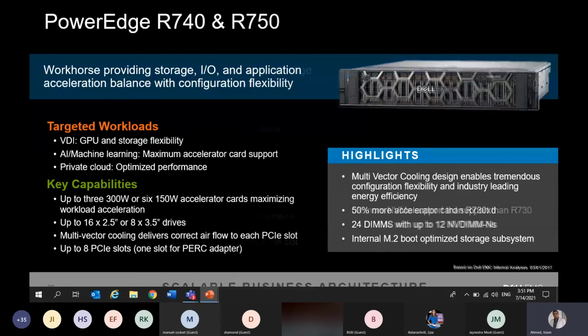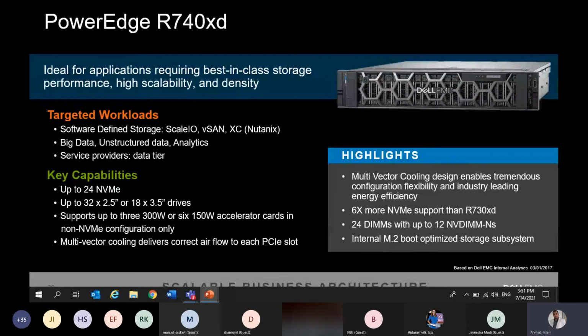Of course, we have the 740 XD, which comes with even more space for hard drives, so it can accommodate 18 hard drives of 3.5 inch, and it has the same capabilities as the 740 with more hard drive space. There is also the 740 XD2, but I don't have a slide for it right now. It can provide more than 24 3.5 inch hard drives.